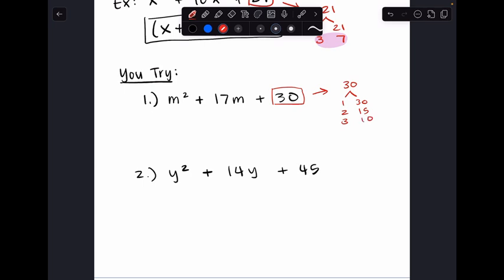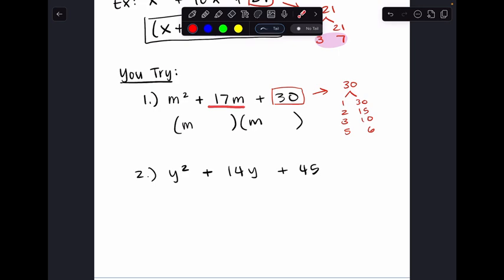Let's see, 4 doesn't go, 5 and 6. I think that's it. All right, set up your parentheses. I know they're both going to have an m in the front because, again, m times m gives me this m squared here.